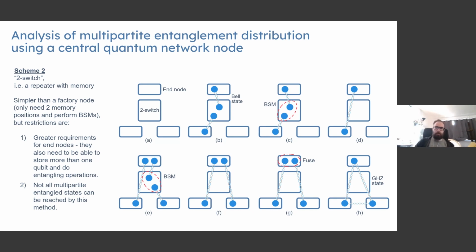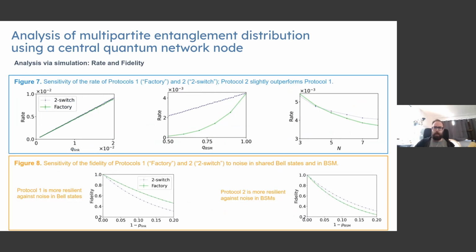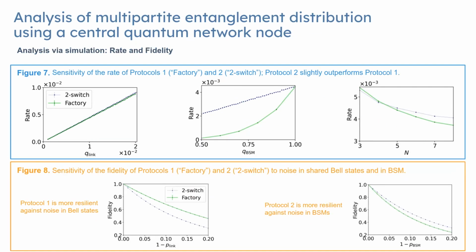So that hopefully gives you a flavor of the dynamics that come into play in how we actually think about distributing entanglement and the ways that we can do it. In this paper, they actually go through a whole simulation, and they simulate the performance of both the factory node and the 2-switch, and they look at the fidelity and the rate at which they can actually get GHZ states to the end nodes.